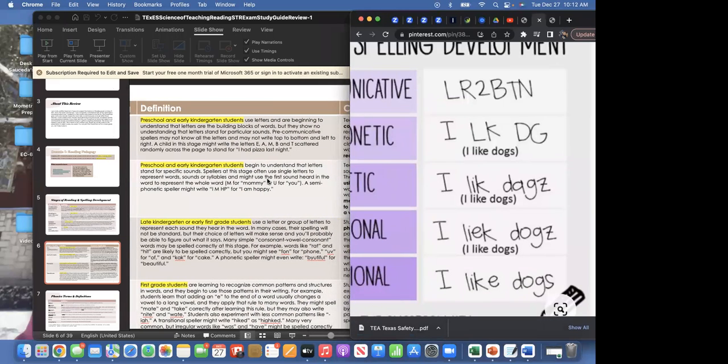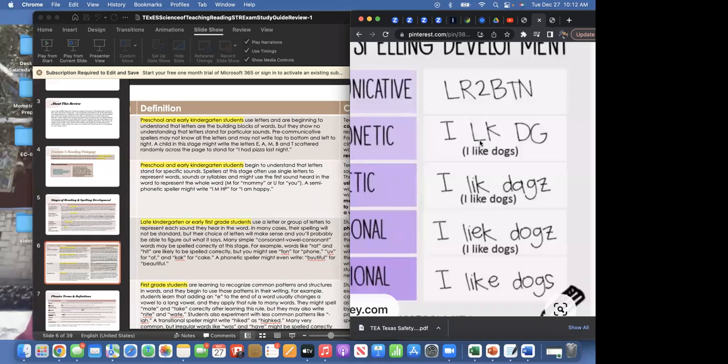Preschool and early kindergarten students begin to understand that letters stand for specific sounds. So we have the letters and specific sounds. Spellers at this stage often use single letters to represent words, sounds or syllables, and might use the first sound in the word to represent the word, like M for mommy, U for you.